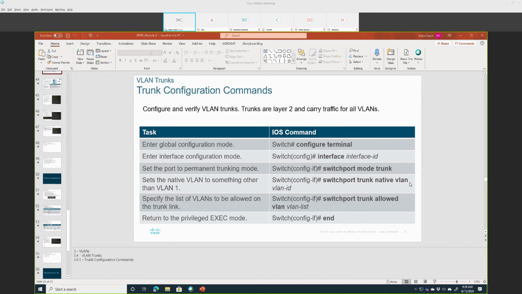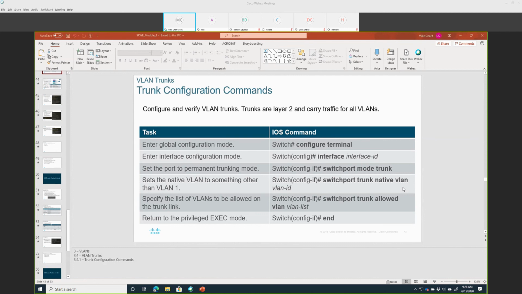If I put it on SW1, native VLAN 99, and the other switch, switch 2, connected to switch 1, has native VLAN 1, there is going to be a mismatch. You're going to have a problem. So you need to make sure all the native VLANs have the same ID. If you want to stick with 99, you make it all 99.